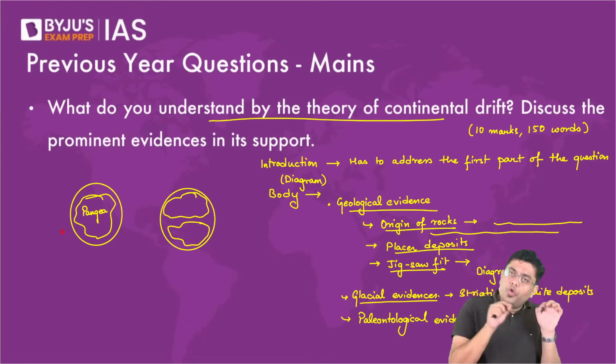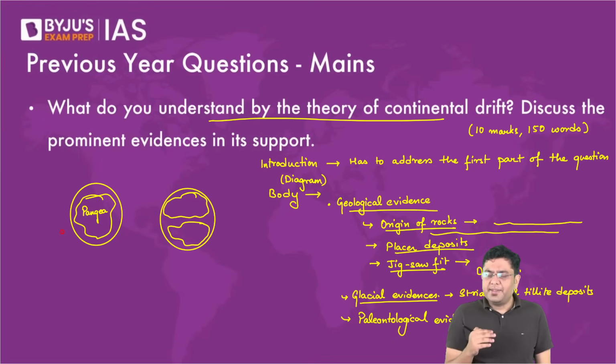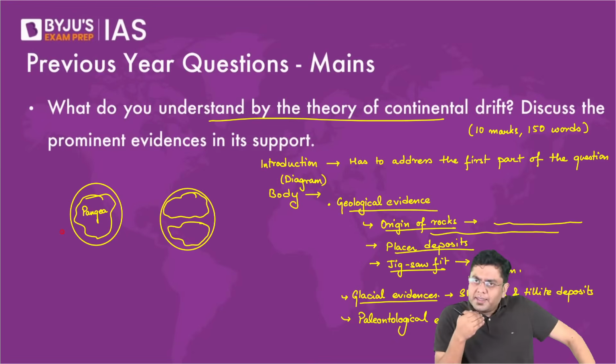So here only the evidences are asked. After you have pointed out the evidences, you write that all these evidences indicated a similar reality, and that is that the continents would have been together at one point of time, and then they would have been separated to their present shape.